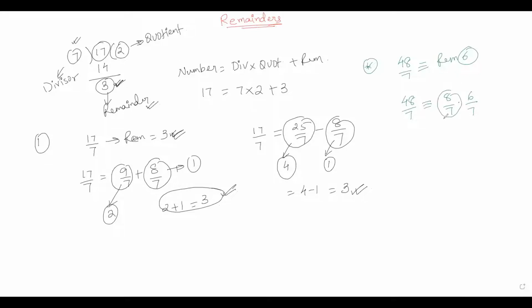Now 8 by 7 will give us a remainder of 1 and 6 by 7 will give us a remainder of 6. So the original remainder would be the product of this 1 and 6, which would be 6. And we know that when we divide 48 by 7, the remainder is 6. So the same is also true when a division is split into a product of two divisions with the same divisor.